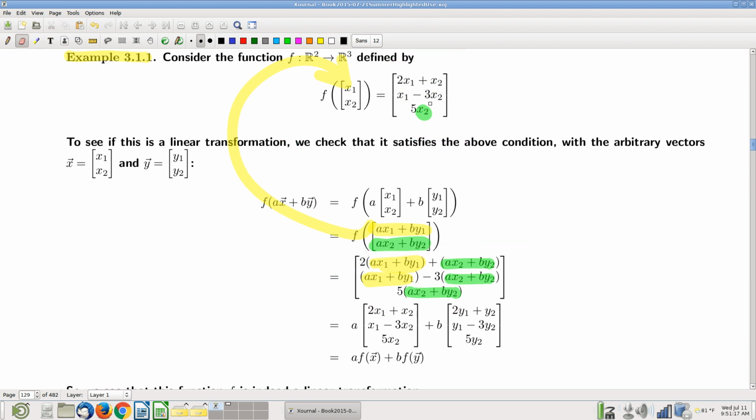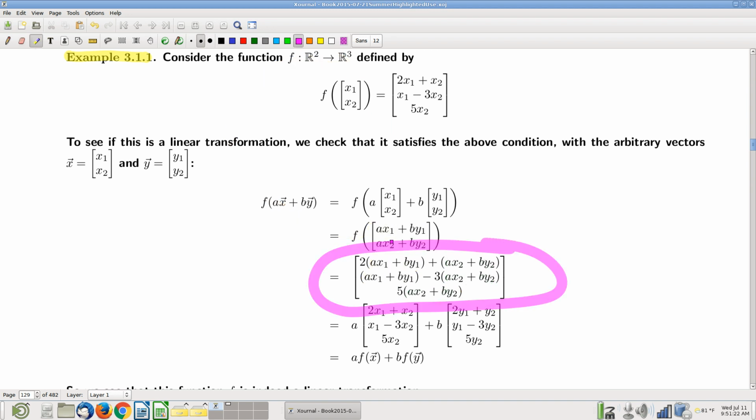Okay. Having plugged in, now I've got this great big algebraic monstrosity, and I just have to organize it. My goal is to show that it equals this, strategically. Let's just think, what do I need to do in order to make this work out? You see that there's a bunch of terms with a bunch of factors. Some of these terms have an A in them. Some of these terms have a B in them. Clearly, I need to get all the terms that have a factor of A over on the left, and all the terms that have a factor of B over on the right. So let me just split those up. This is just for organizational purposes. Let me use different colors again.